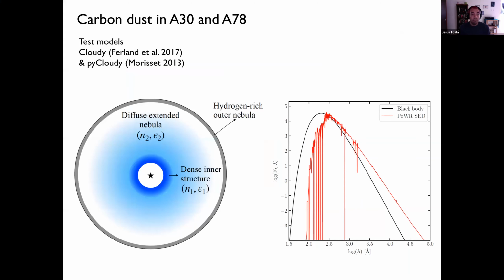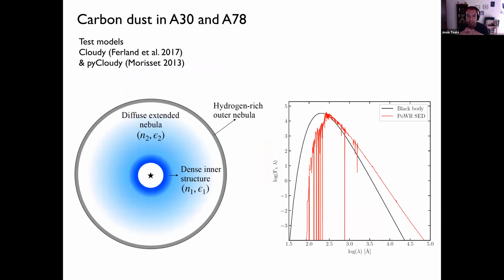So what we did, we used Cloudy, which is the photoionization code developed by Ferland and collaborators, and this is the 17 version, which now includes the physics of the gas and the dust at the same time. And then we used PyCloudy to produce synthetic observations, simulating slits similarly to the optical observations and the infrared photometry.